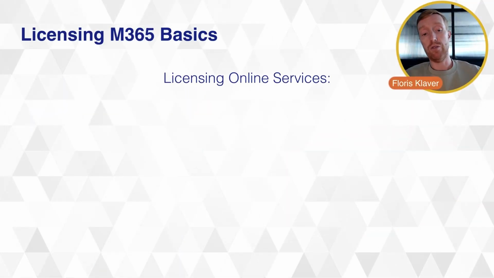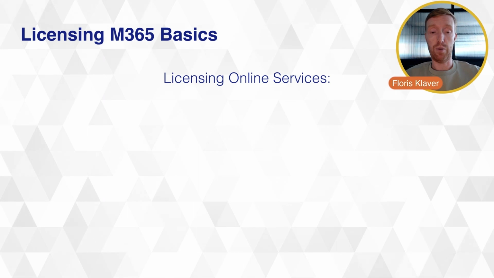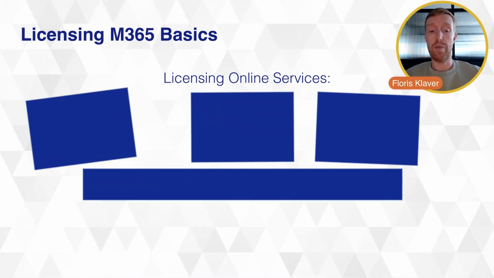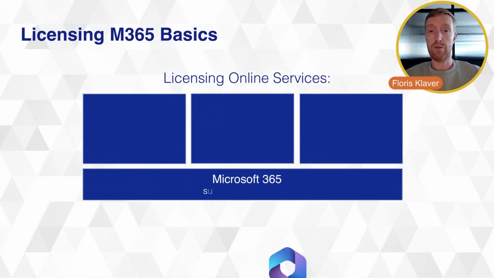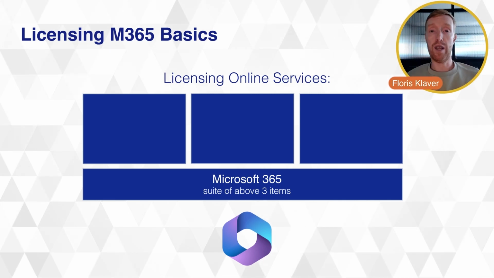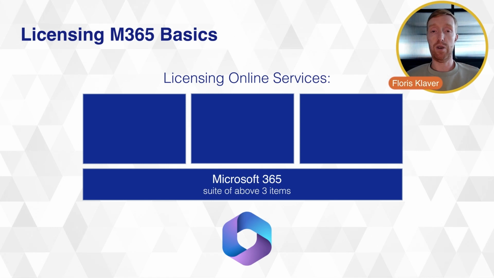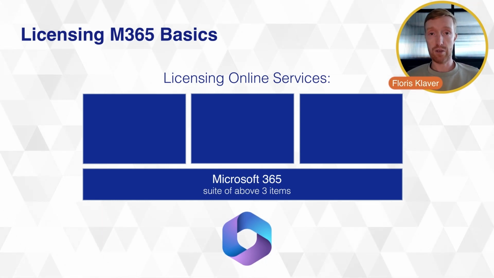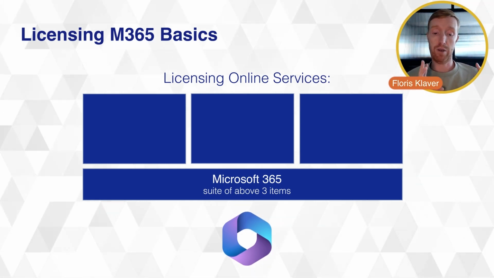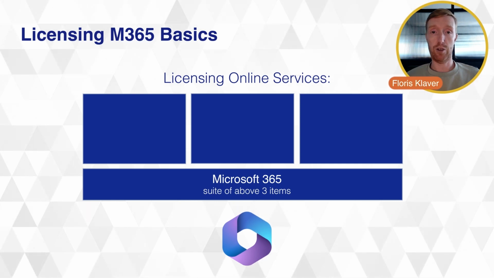So licensing online services in the M365 product stack consists of a couple of major building blocks. Microsoft 365 is the total name of all the different products that are built as part of the M365 service. M365 is mainly around business productivity and security.